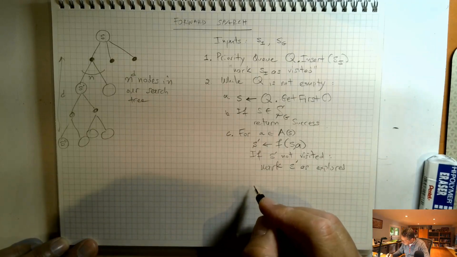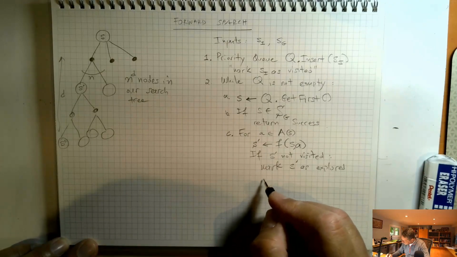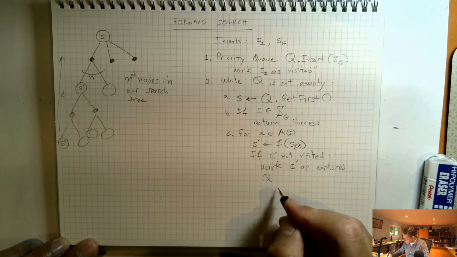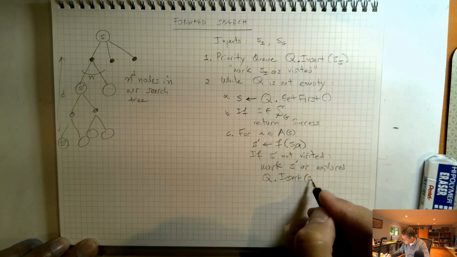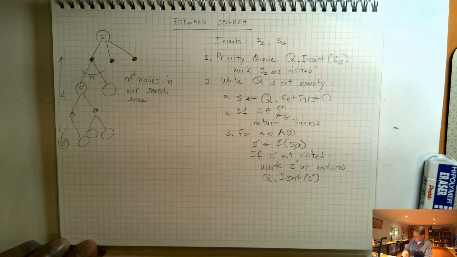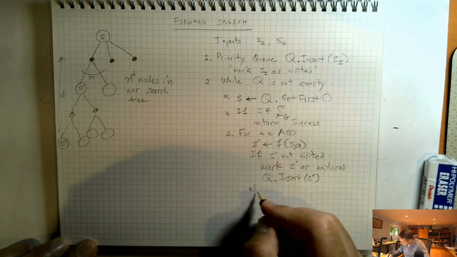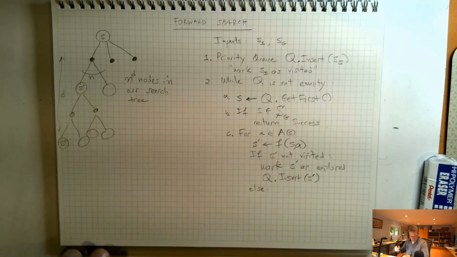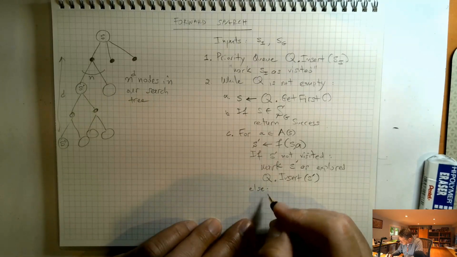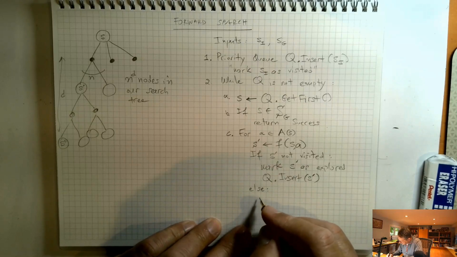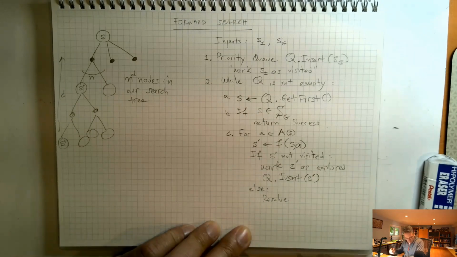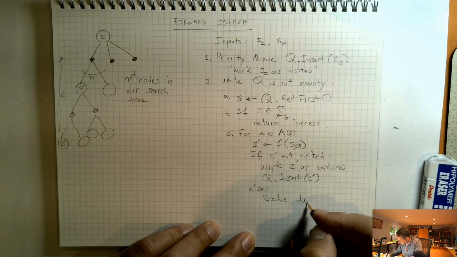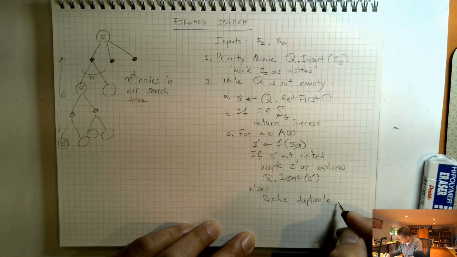And we are inserting this into the queue with the usual insert method that we have also quoted over here. And else we have a method that's called resolve duplicate S prime.